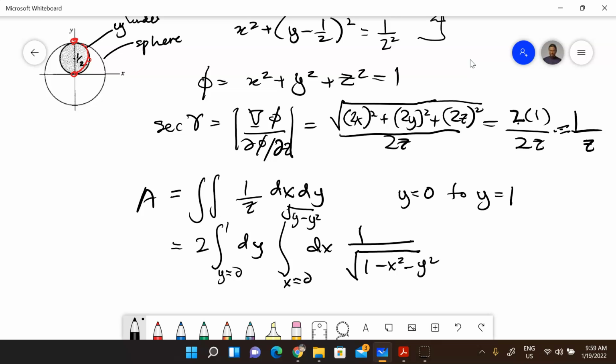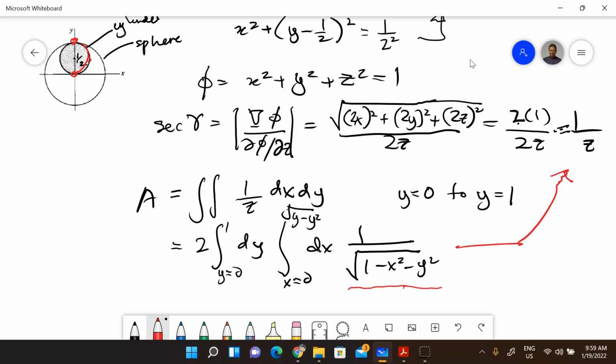This whole thing is coming from there. I will trust you to be able to read what's next, which is to convert this into polar coordinates and then do the integration.